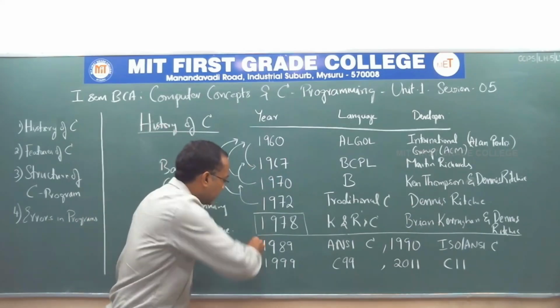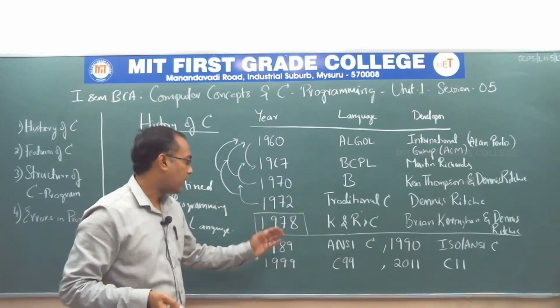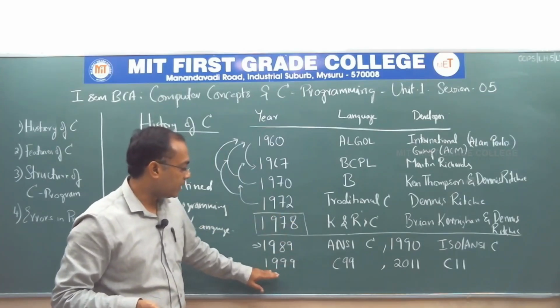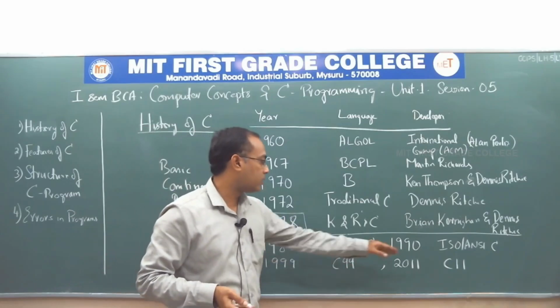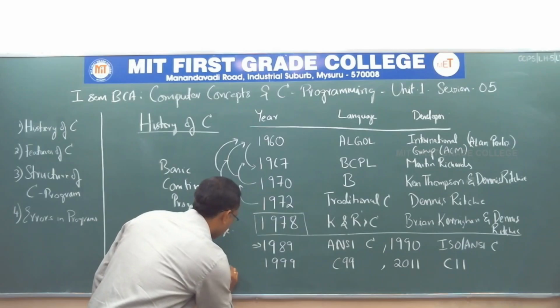So up to here we have the certifications or the standardization. After that, whatever you are seeing over here, 1999 C99, 2011 C11, these are all updated versions of the C compiler.